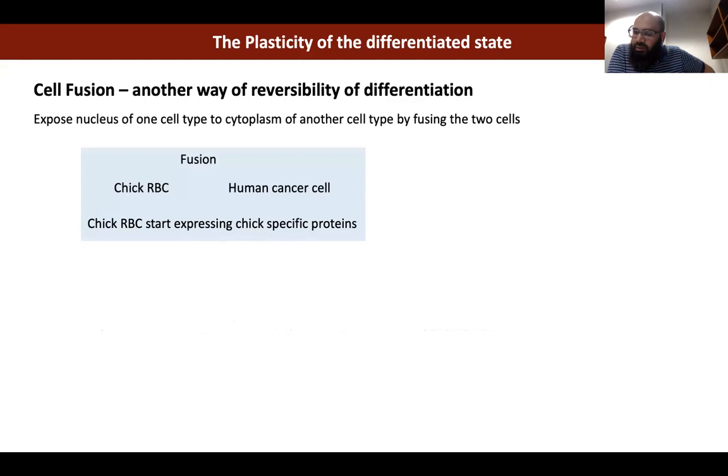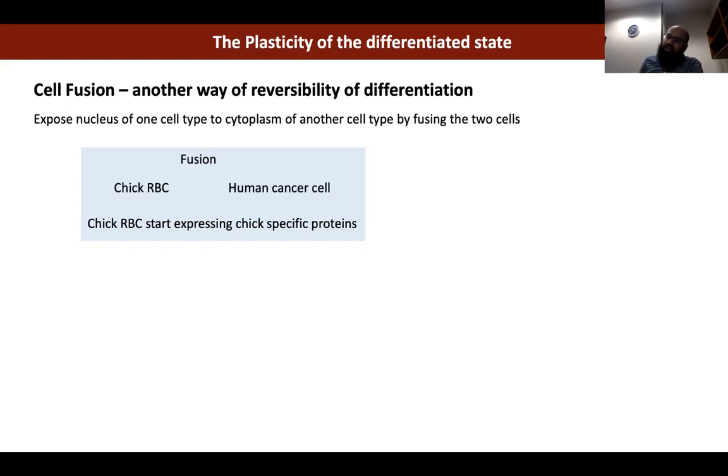So for example, in human cells, or in other mammals, the oocyte is very small and it's very difficult to manipulate or enucleate it and perform somatic cell nuclear transfer.